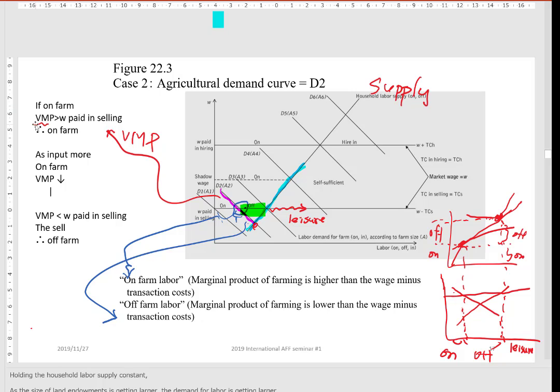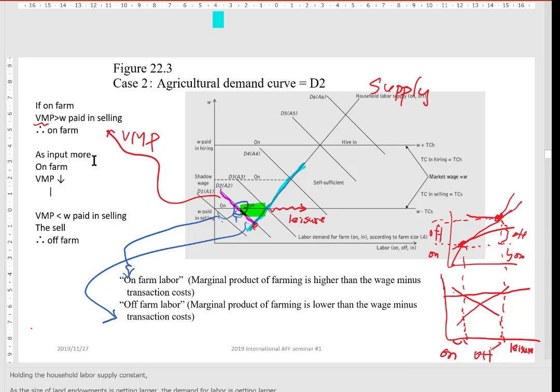If on-farm labor use, which means the value of marginal product is greater than the wage this household faces at the labor market, since the value of marginal product in their household is greater than the market price of labor, they allocate their time on farm.